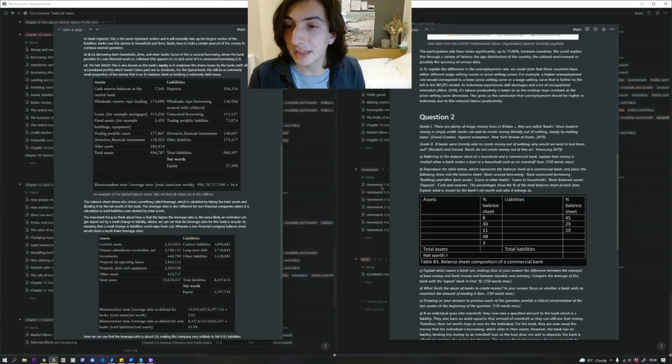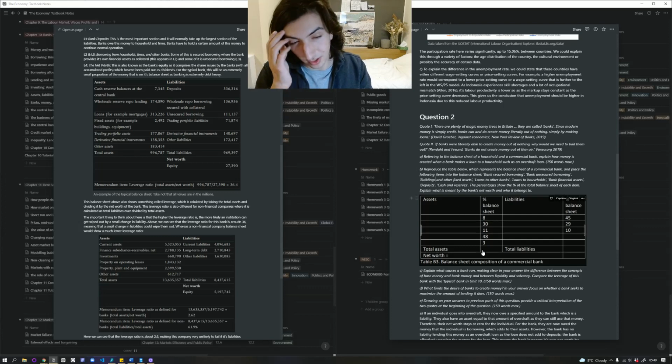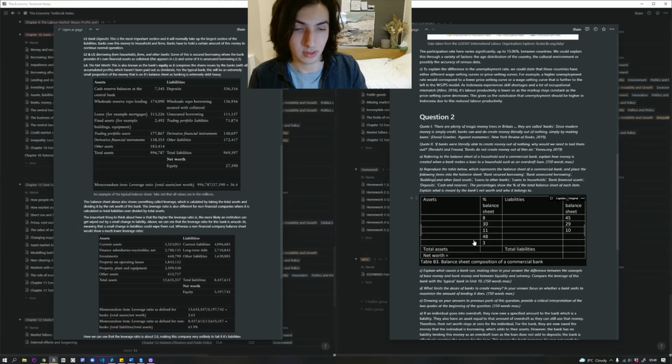The highest, though, the 8 million here, or the 8%, actually goes towards cash reserves. So you'll have cash reserves, financial instruments, that would be loans to banks, loans to households, and operational costs.